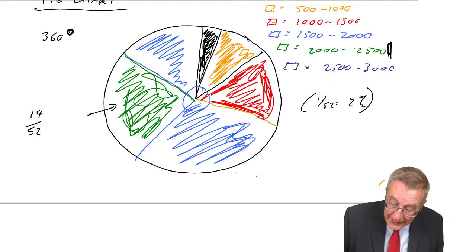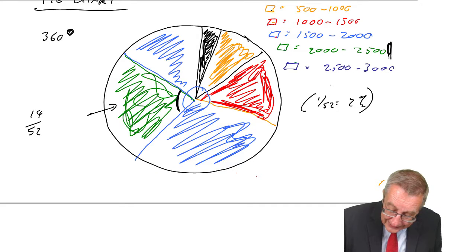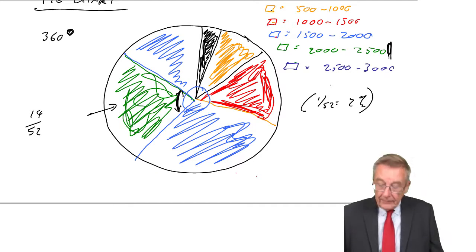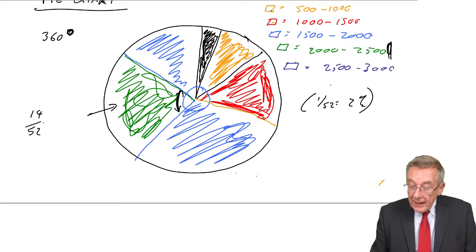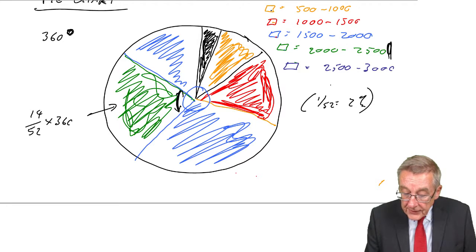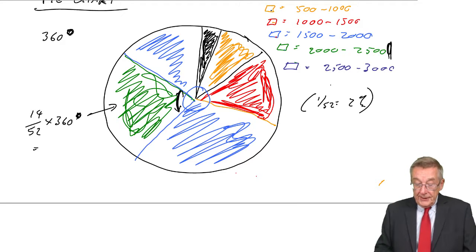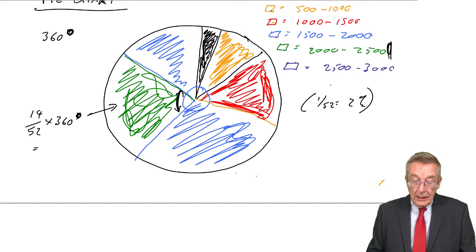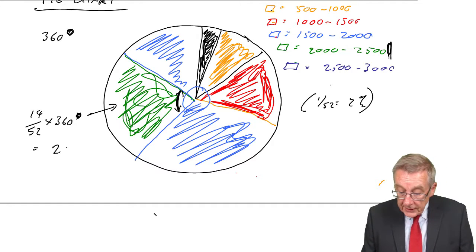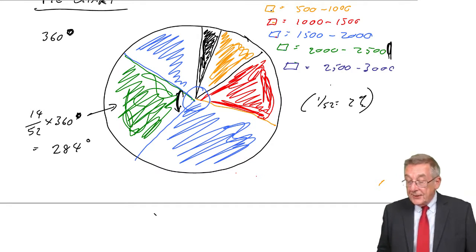And so the angle of that slice will be that proportion of 360 degrees, which is 284 degrees.